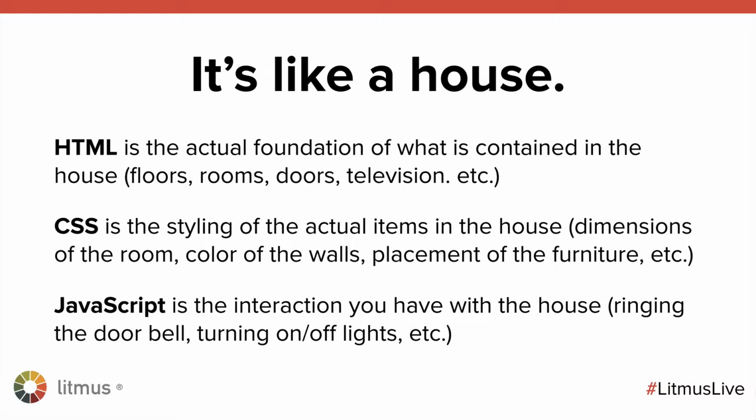So you can determine the dimensions of a room, the color on the walls, the placement of the furniture, anything to do with the actual styling. And then finally, JavaScript would be the interaction you have with the house. So ringing the doorbell, turning on or off lights, etc. Any interaction you would have, JavaScript would control that. I like using that analogy, and it's a really easy way to explain it to people who might not know what you're talking about.